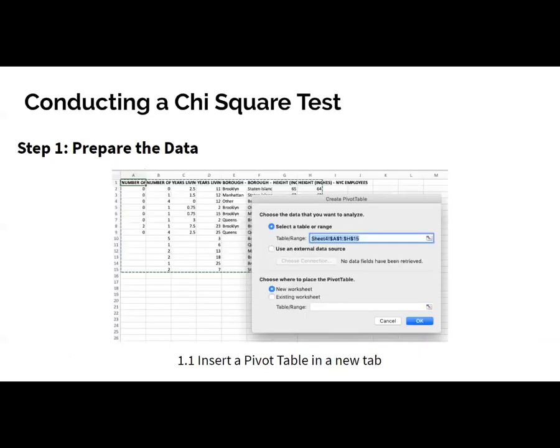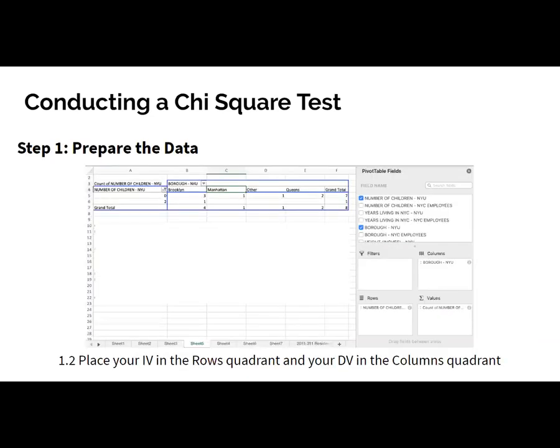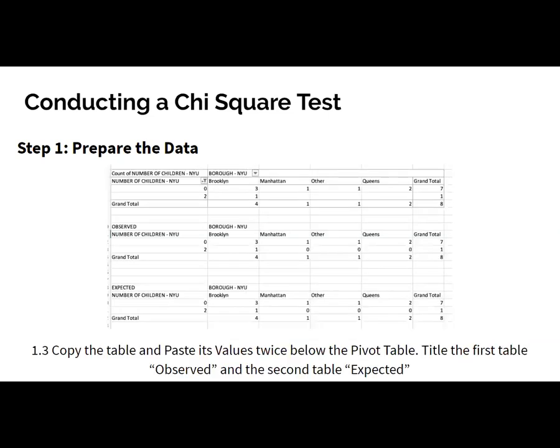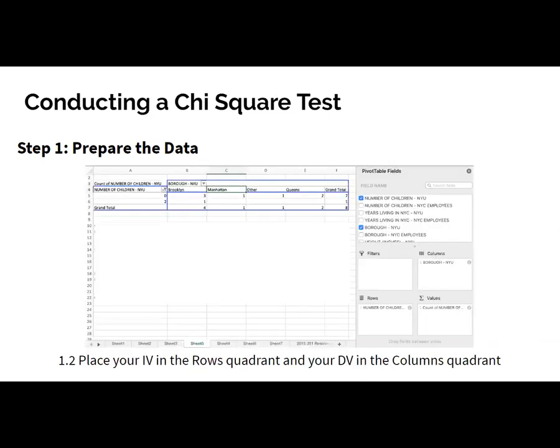So we'll take the borough and we will place it as the columns so that we can get them running across the top. And then we'll create tables. So we want the count of number of children in the rows and the count filled in. So here's the number of children, and here's how many people had 0 children in each of the boroughs and 2 children in each of the boroughs.